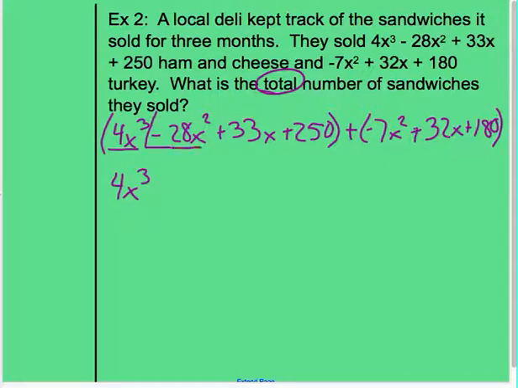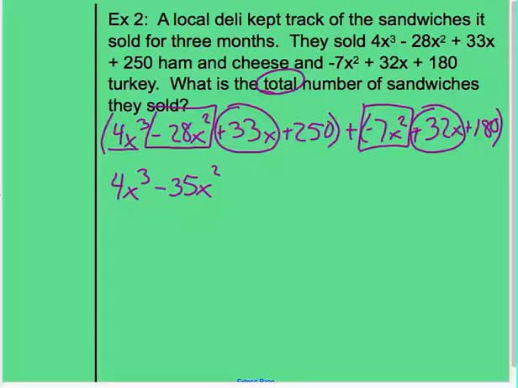I've got a negative 28x squared minus 7x squared. They're both negative, so I'm going to add them together to keep my answer negative. I've got a 33x plus 32x, so I'll combine those for a total of 65x.